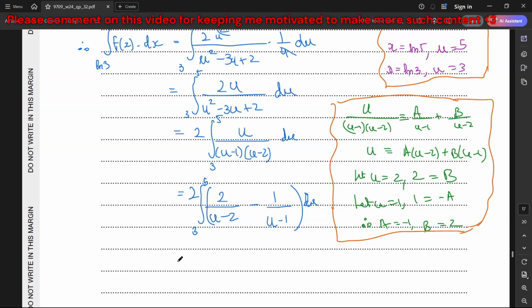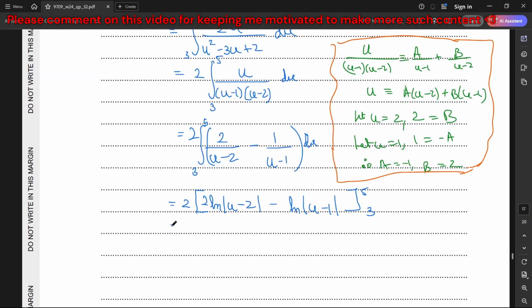And now I'm going to get 2 times ln of u minus 2, differentiation of u is 1 only, then minus ln of u minus 1, and now apply the bounds from 3 to 5.